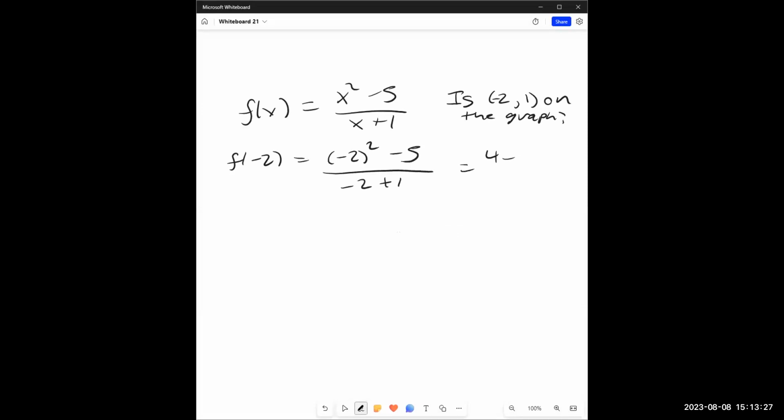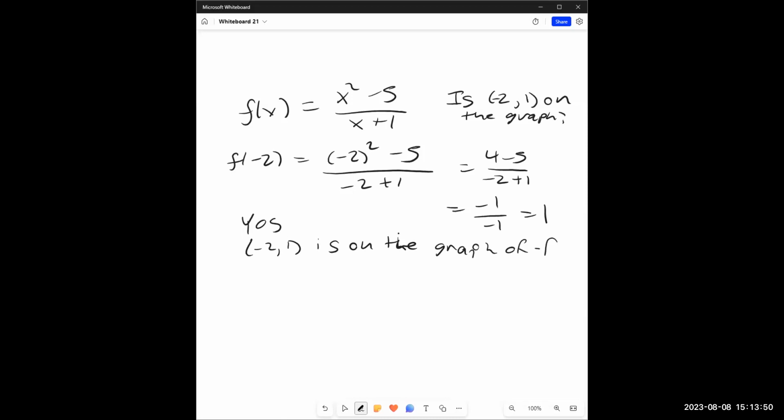That's going to give me a 4 minus 5 over a -2 plus 1, which is a -1 over a -1, which is 1. So yes, indeed, (-2, 1) is on the graph of f.